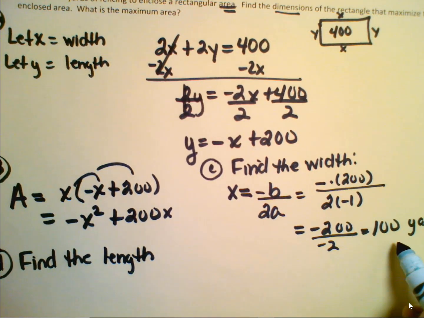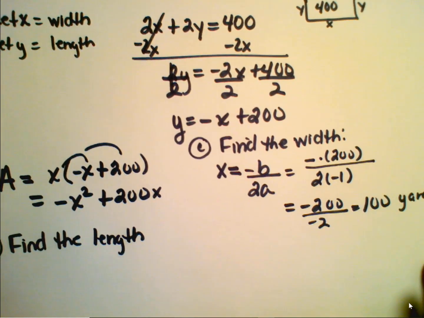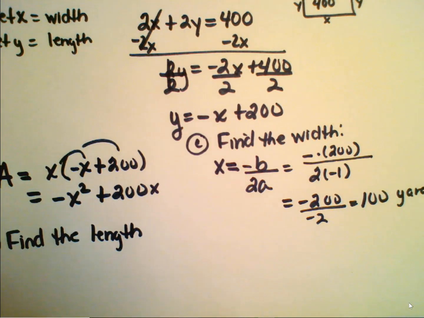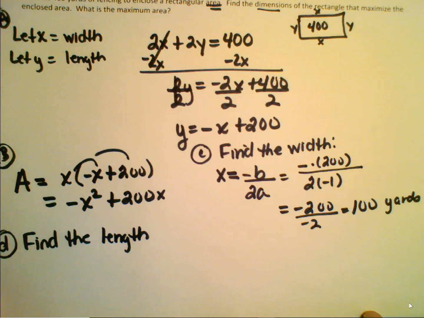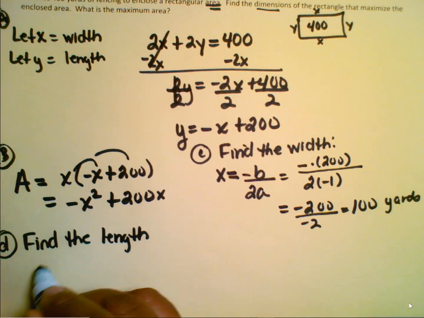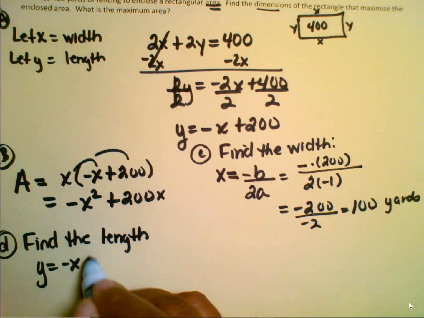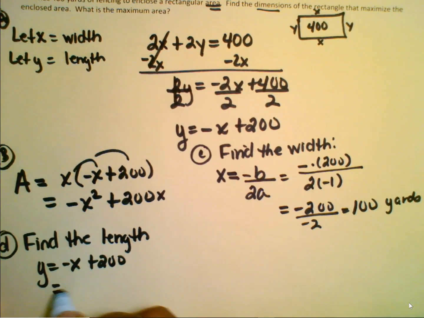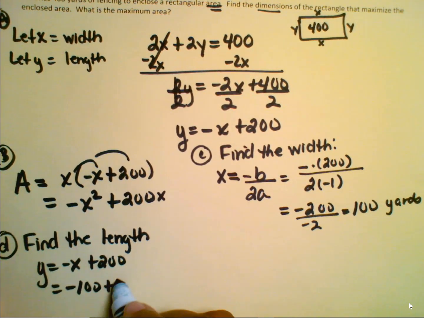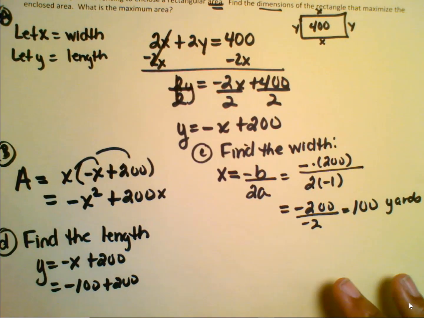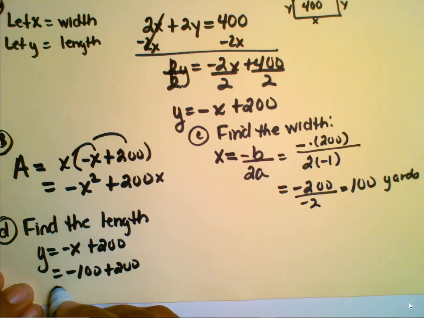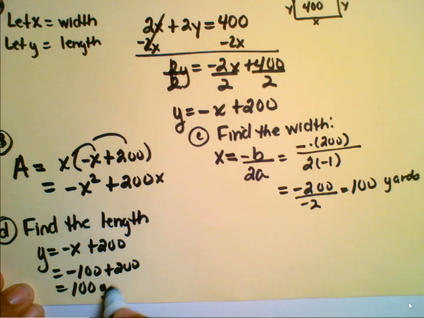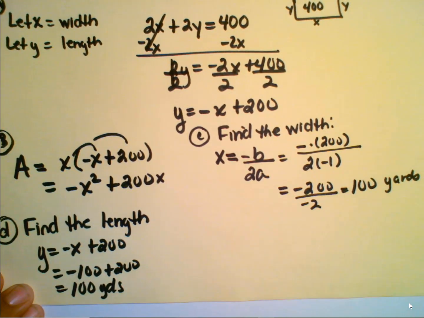It's 100 yards here. Okay, let me move this up so you can see the whole thing. There we go. So y is equal to negative x plus 200. We have negative 100 plus 200, which gives us 100 yards for the length.